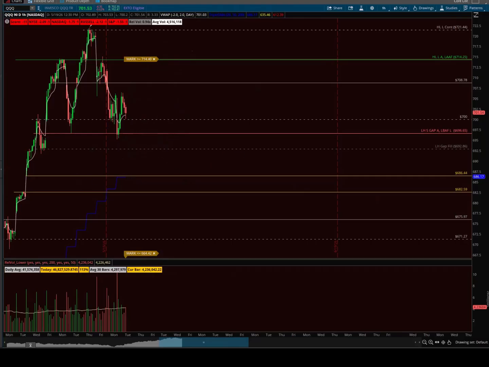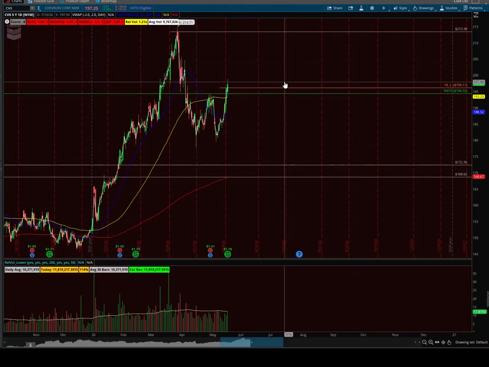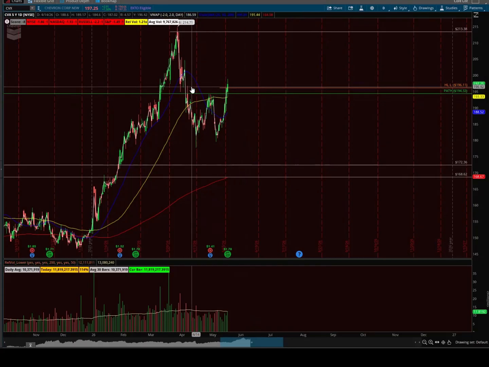All right. And let's go through some other charts now. Okay, we're looking at Chevron here because I was able to catch a trade on Chevron today. Someone online had posted this double bottom pattern here and shown that it closed above it yesterday.